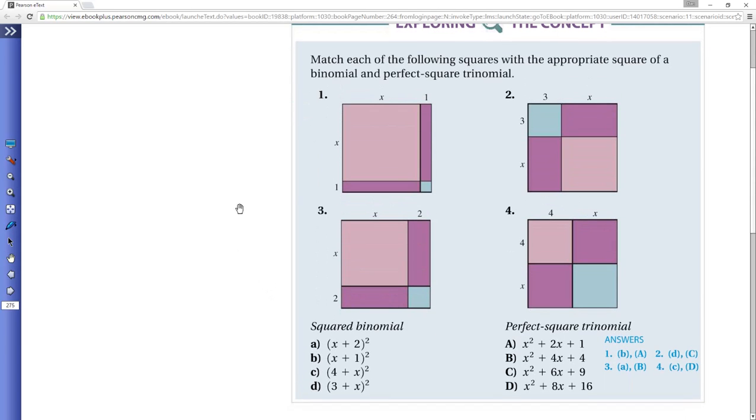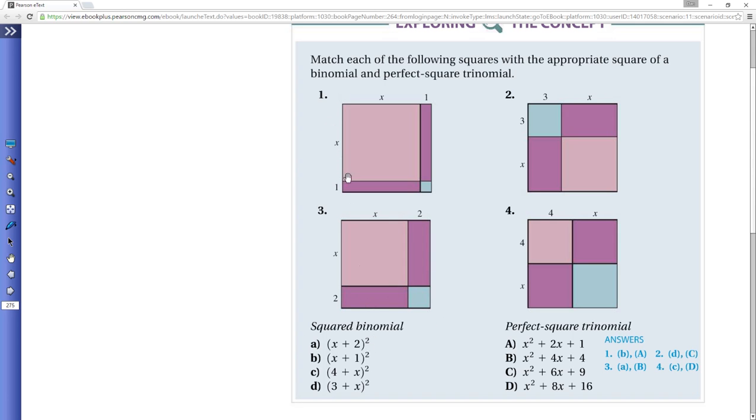This is a nice little type of question here, and I really like this. If you can get a visual attached to some of these things that are going on here, again, I keep saying this. So they got x plus 2, the quantity squared. I look at this thing and say, well, which diagram illustrates this?